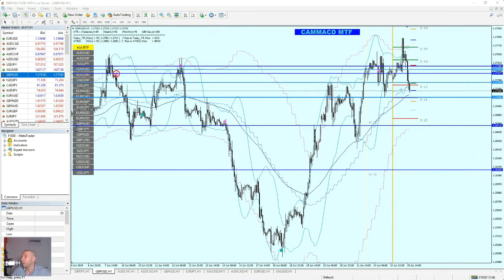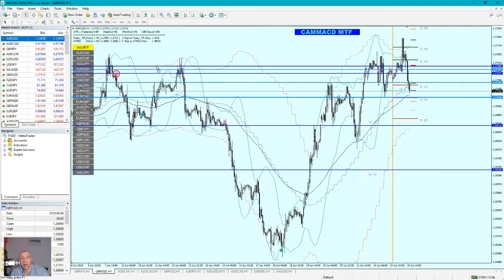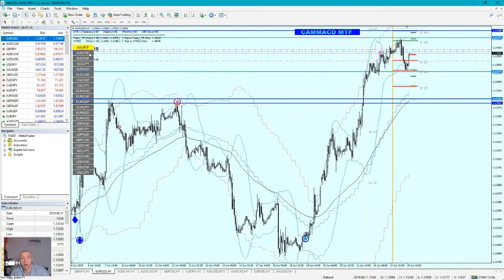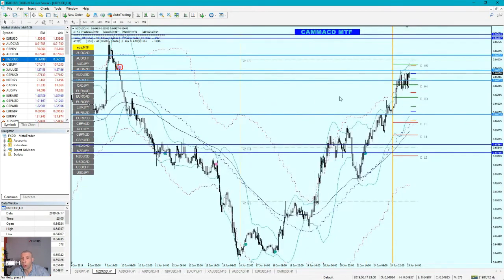Now, what do we have else for today besides euro dollar, that is clearly bullish? I think that the Australian dollar CAD and the Australian dollar Swissy are also bearish. New Zealand dollar is now bullish, but in order to proceed further down, it needs to go below the level.